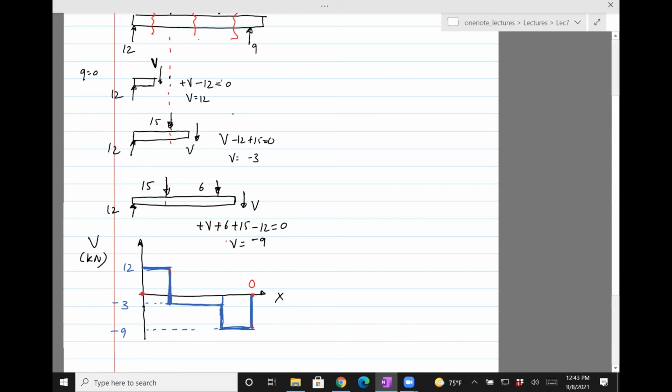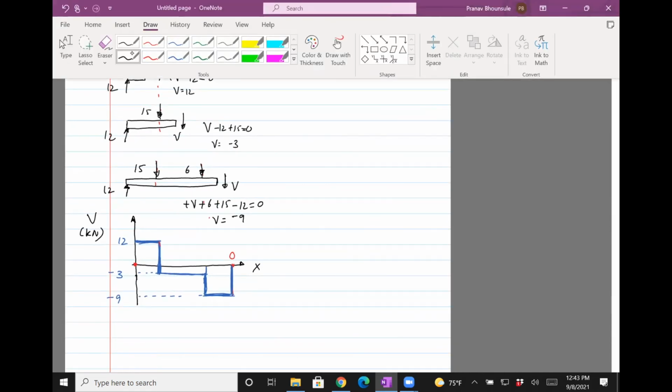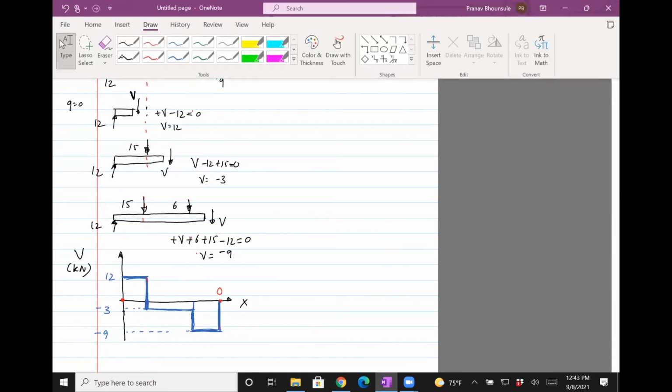Once I get rid of the lines, it will be a little bit more clear. Any questions on this? Be a little bit patient and just follow the rules, and it's pretty simple to draw these diagrams.